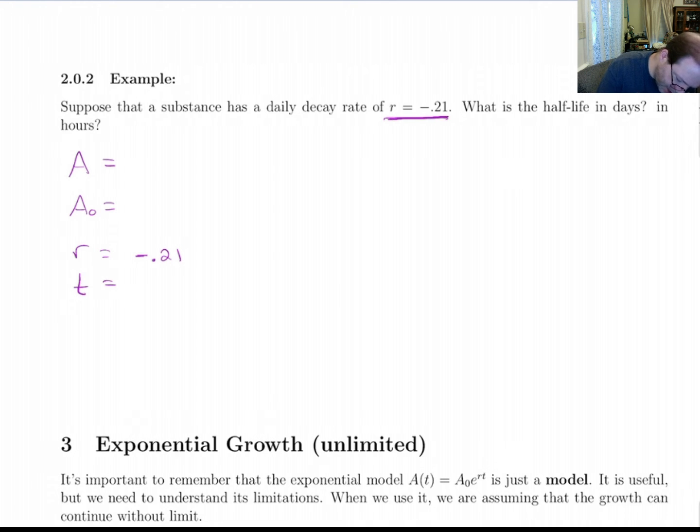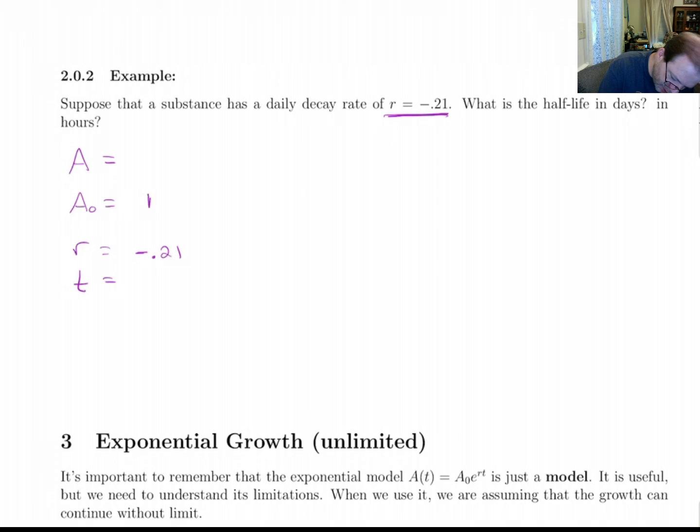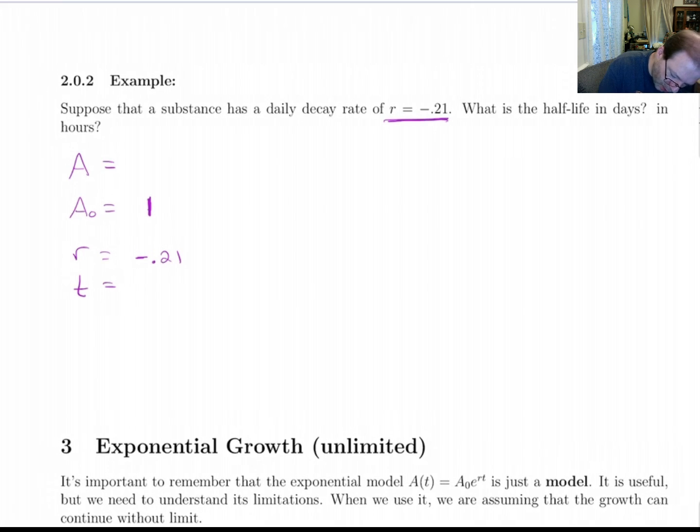Well, just pick any value you want to start with. Say you start with 1 gram of the stuff, and you're asking how long does it take to decay to half the original amount. So I'm going to put in 1 and 0.5 there for my initial and my ending amount. You could put in 100 for A naught and 50 for A, whatever, as long as it's half that amount.